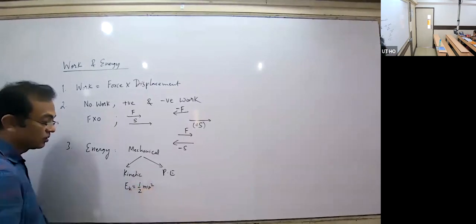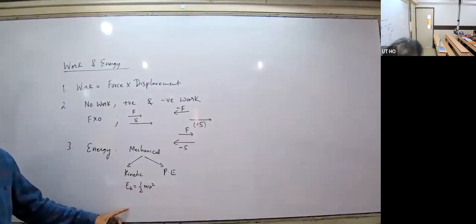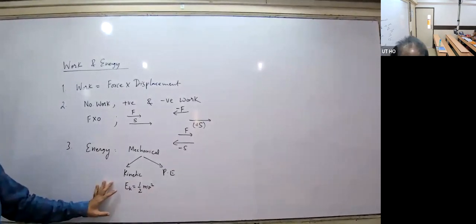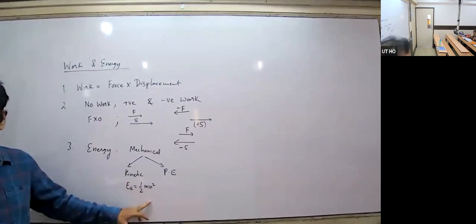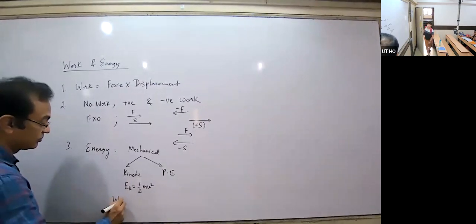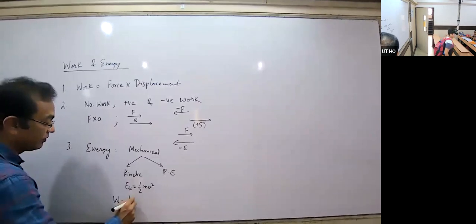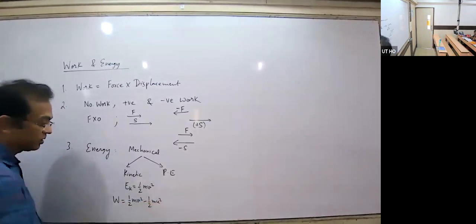Now, how did we derive this expression? Whenever we do work on a body so that it reaches this velocity, that work appears as energy, right? So we must have derived this formula. Yes, half mv square minus half mu square. Did we derive this formula?